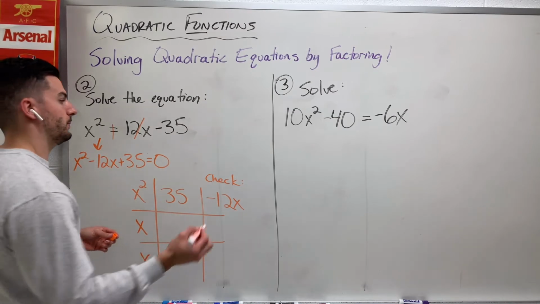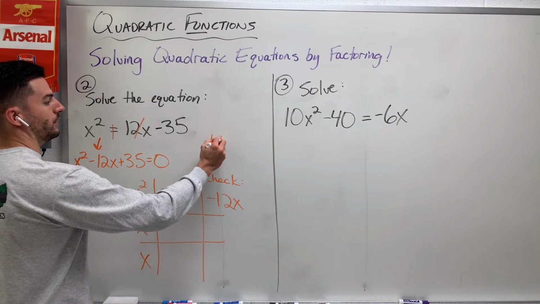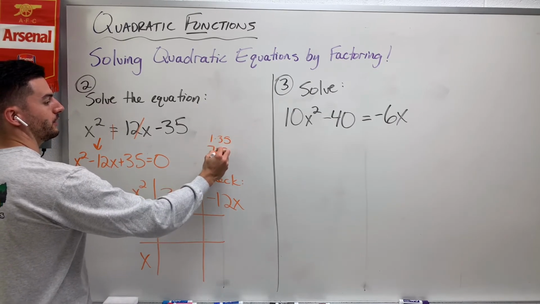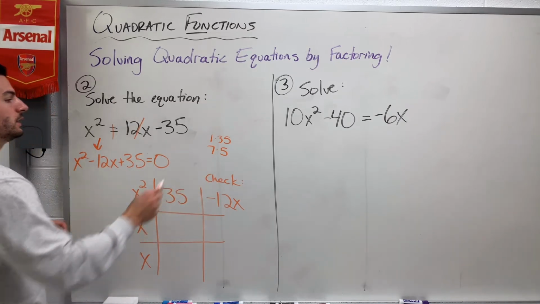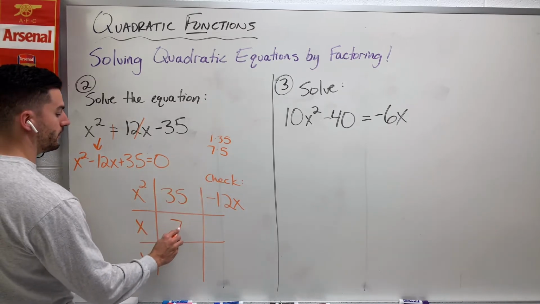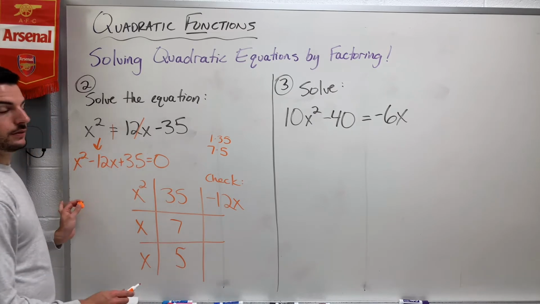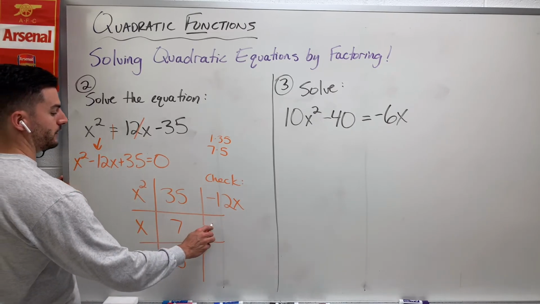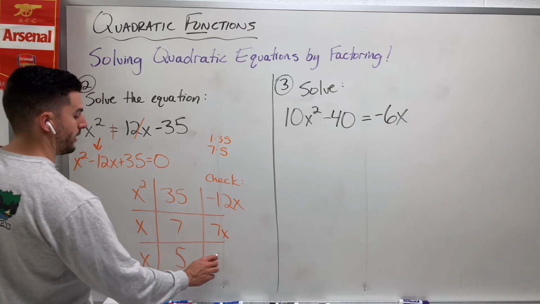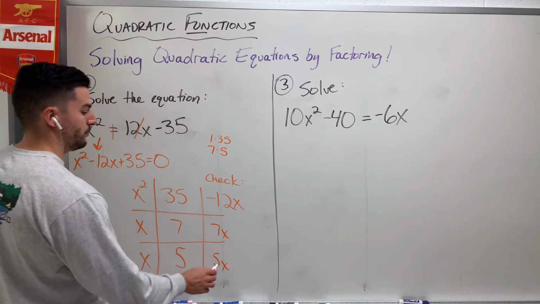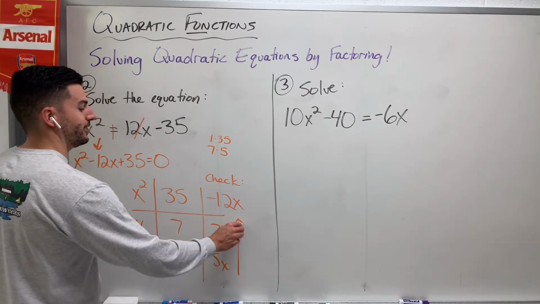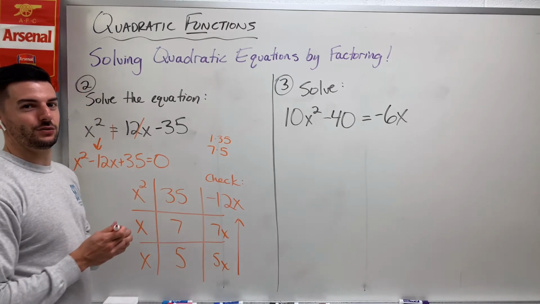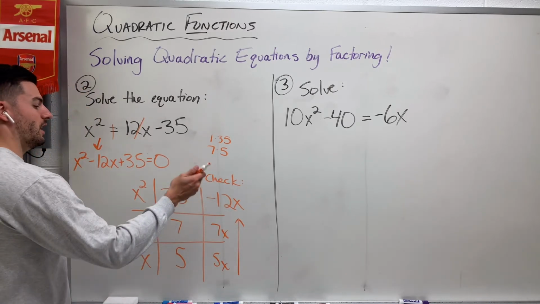Not a whole lot of things multiply to get 35 other than 1 times 35 and 7 times 5, right? And so if I throw in 7 times 5, and it's positive, so I should be okay, right? x times 7, 7x, x times 5, 5x, but then you check 5 plus 7 equals positive 12, not negative 12. So what's the deal?